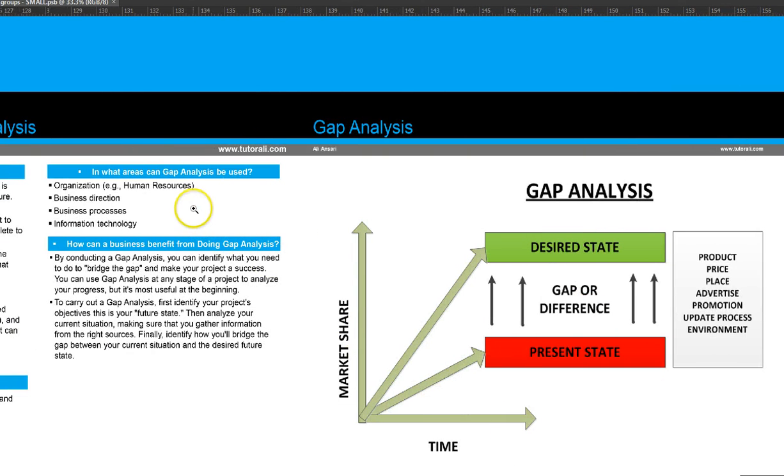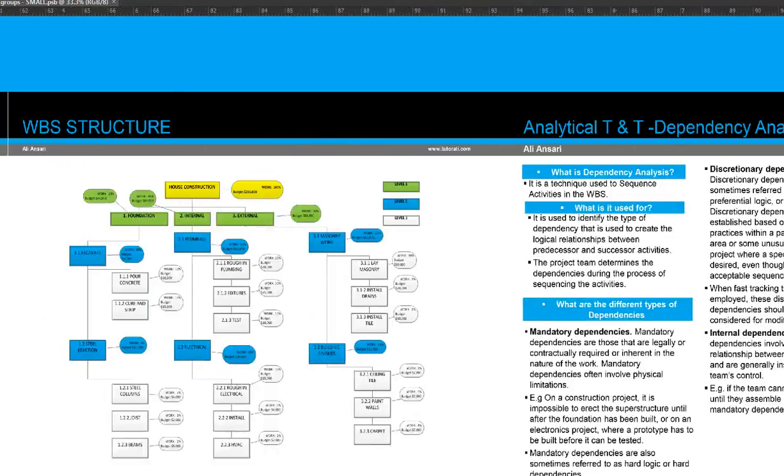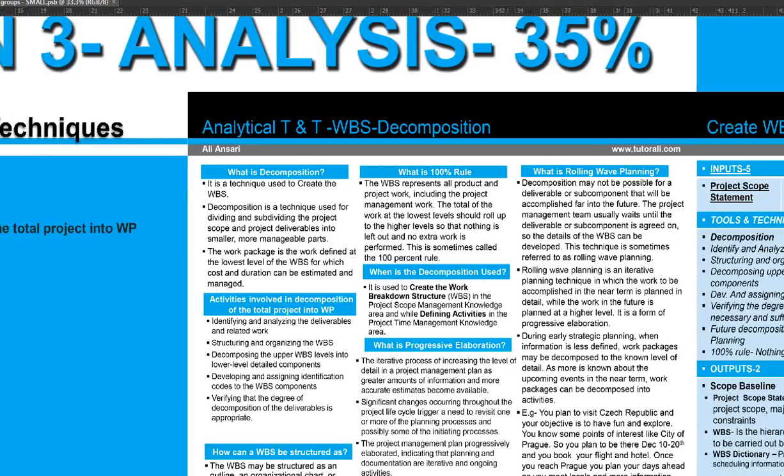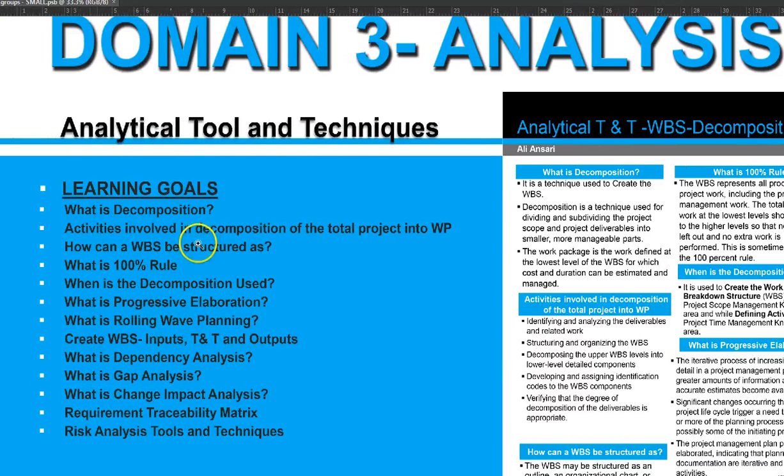Some examples where gap analysis can be used are in the organization, for example human resources; for business direction, as to where we are and where we need to be; for business processes, like this is our process and we need to make it better, and to make it better we have to follow these steps; or even in information technology. We'll get into a lot more detail on gap analysis when we get to the analysis domain, where we cover all the different analytical tools and techniques.